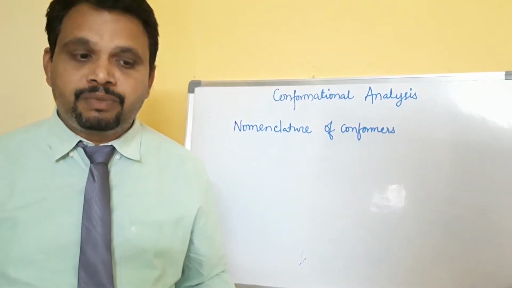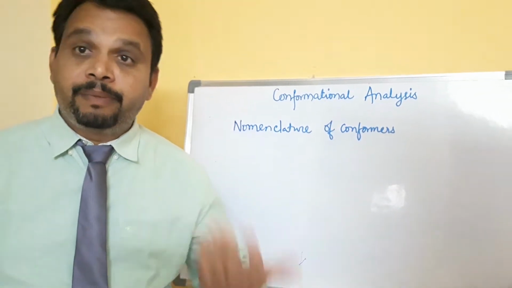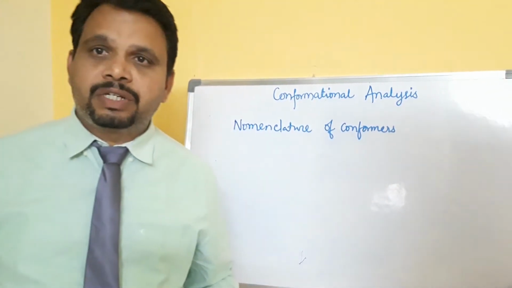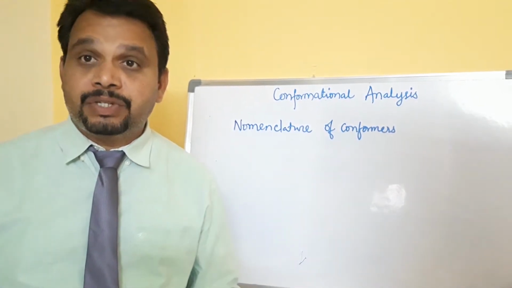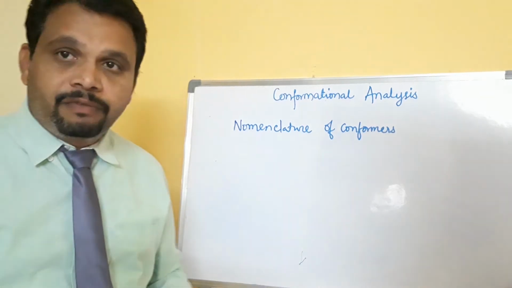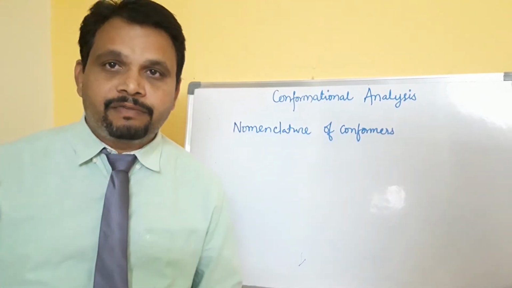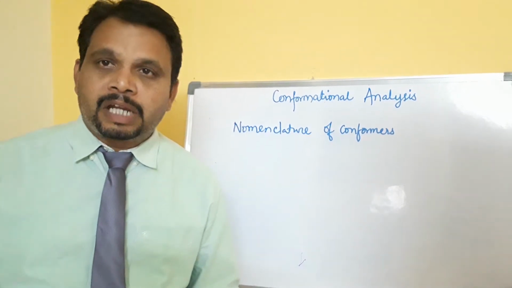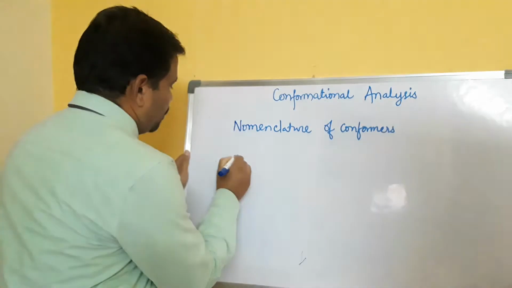Whatever comes in this lesson may be in your PZ examination and also in the CSIR examination, right? So it is very important to understand nomenclature of conformers. Conformers are classified into four types.